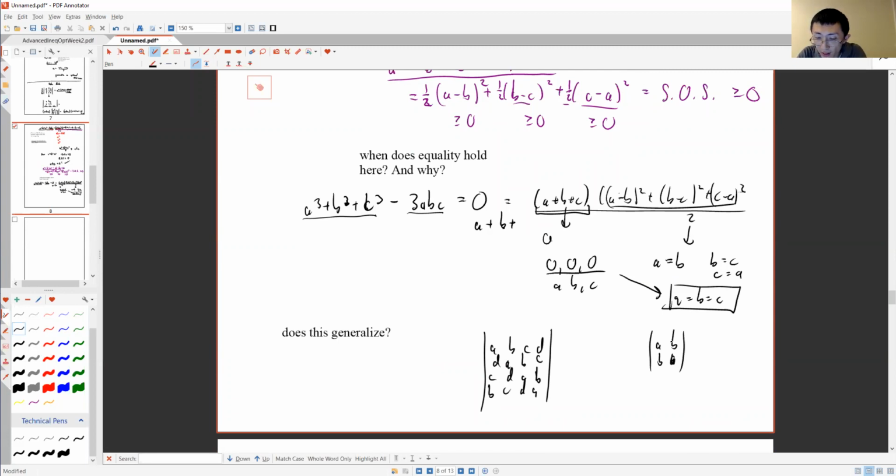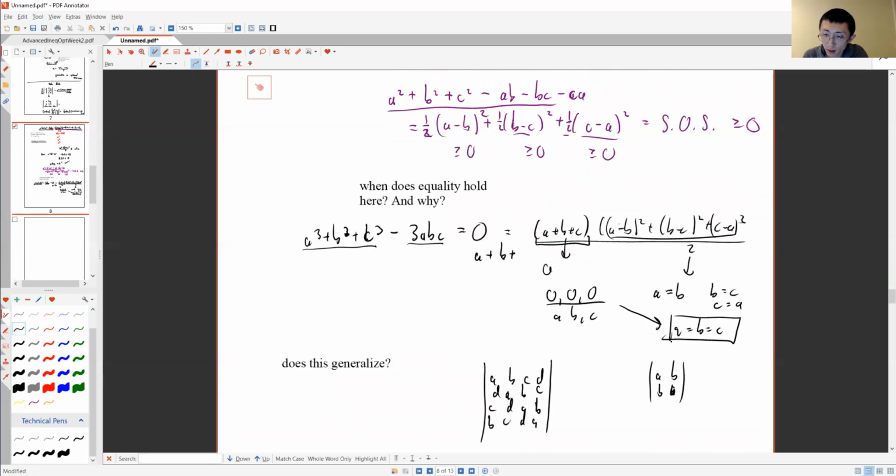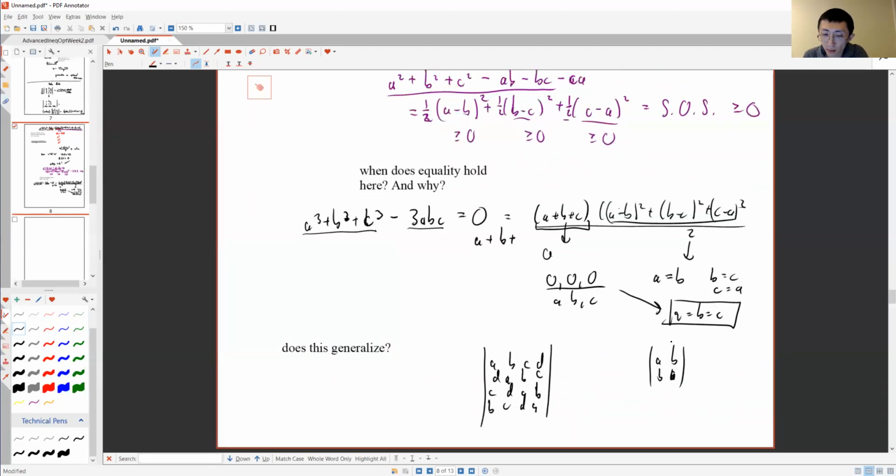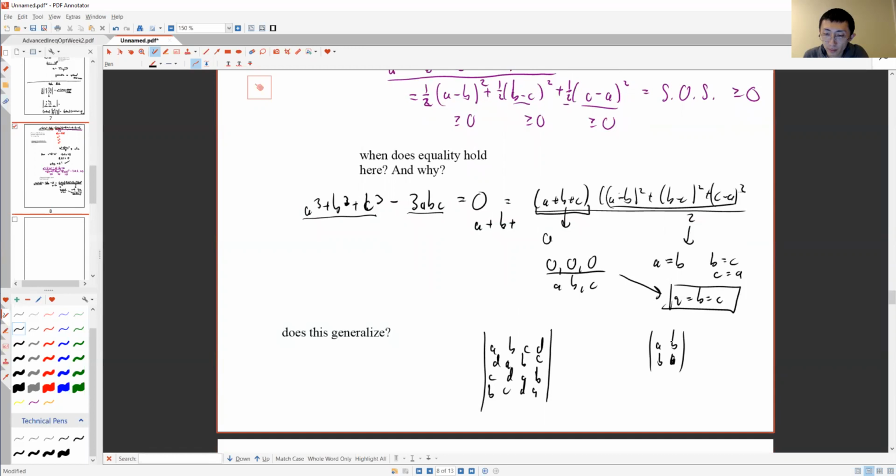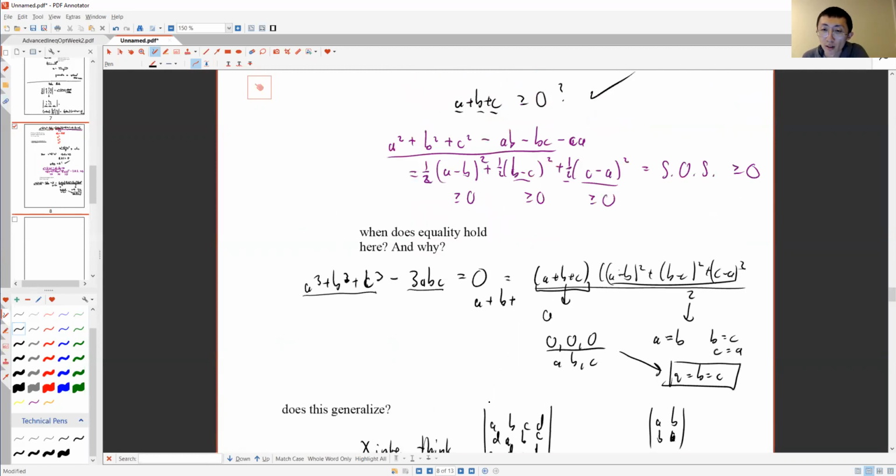You get some identity that can be factored, but I kind of doubt it works. But that's an interesting thought. So I think not, but I'm not sure because I just thought of this. So you should think about it on your own.